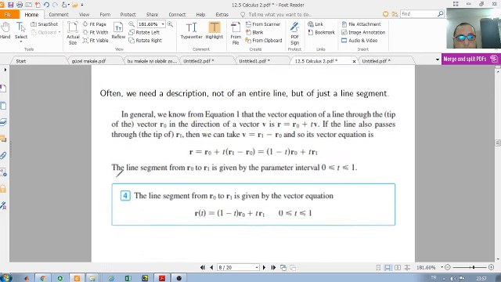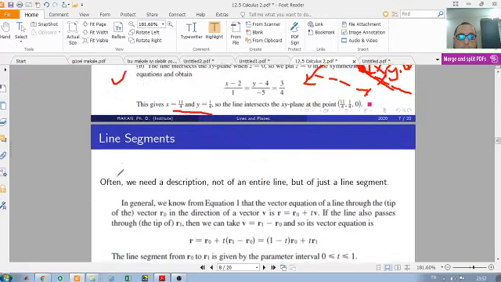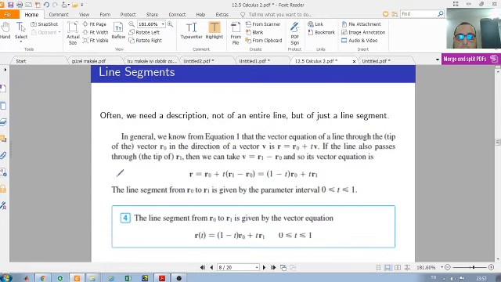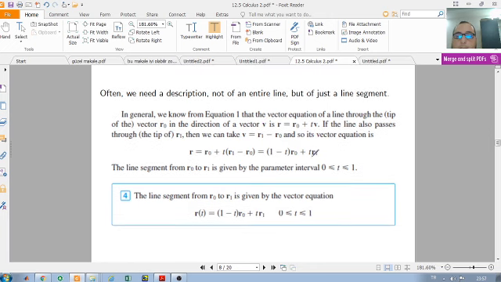So in general, we know from equation 1 that the vector equation of a line through a vector r0 in the direction of a vector v is r0 plus t times v. If the line also passes through the terminal point of the vector r1, then we can take the direction vector, and so its vector equation becomes in this form.